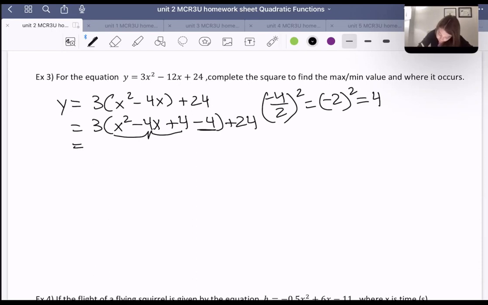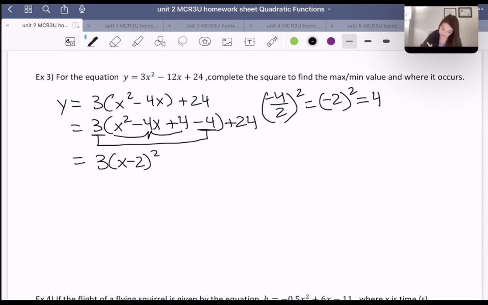And then this term, something very important I want to mention about the -4: a lot of people will just remove it from the brackets and put it out here. But we can't do that. In order for the -4 to leave the brackets, it must be multiplied by this 3. So we're actually going to have 3 times x minus 2 squared, to follow that pattern that I talked about earlier.